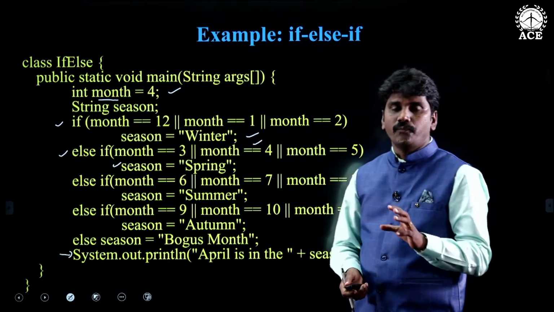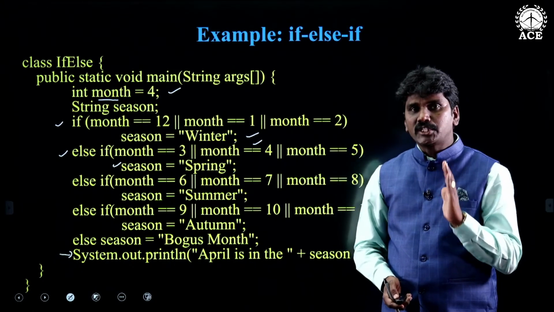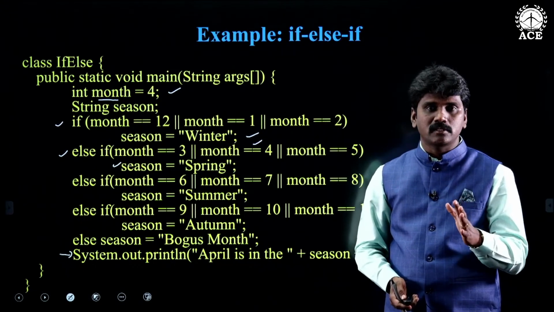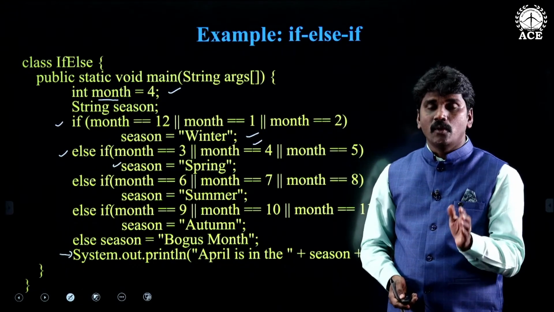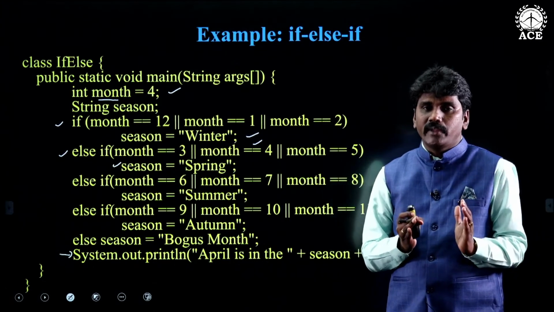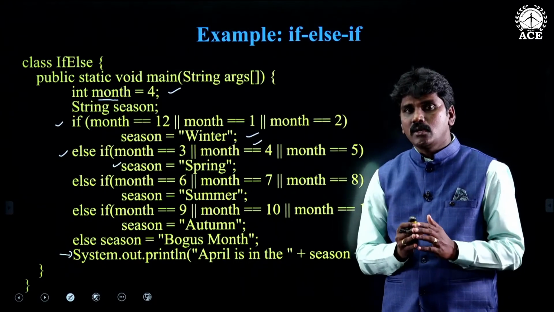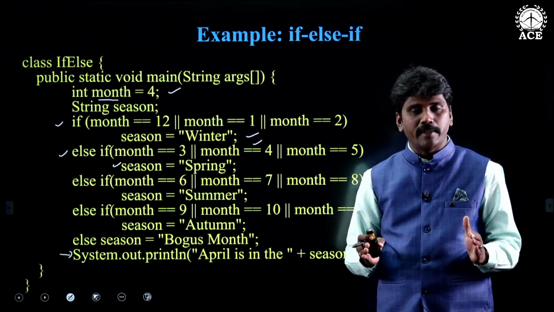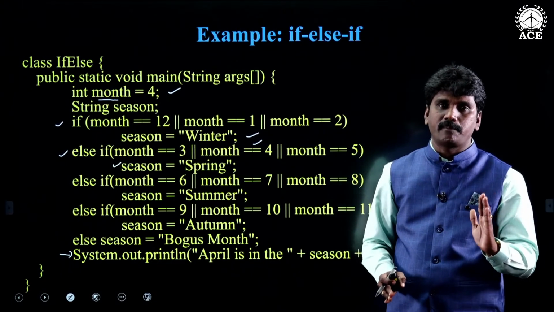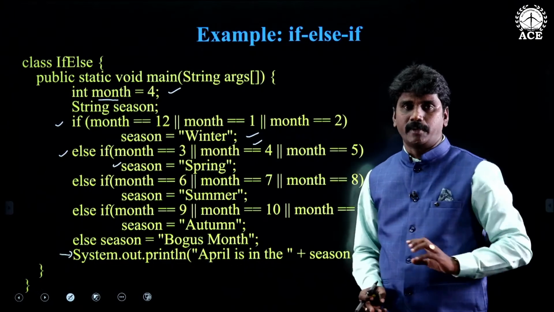In today's session, the first thing we focused on was operators. What is the need of operators? What are the different operators available in Java? After that we started the discussion on control statements. The control statements are divided into 3 types: the first one is selection statement, the second one is iterative statement, and the third one is jump statement.